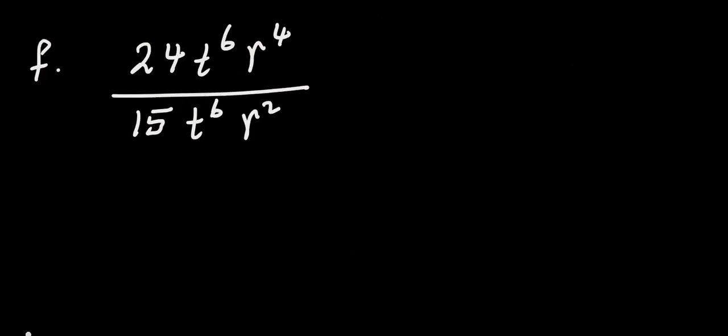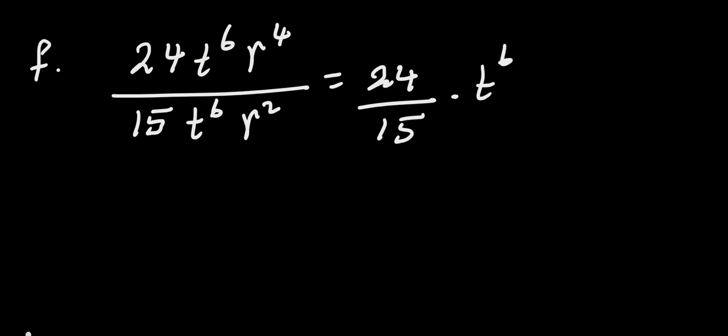Question F. 24t to the 6th power r to the 4th power over 15t exponent 6 r squared. So just separate them. This will become 24 over 15, times t exponent 6 over t exponent 6, times r exponent 4 over r squared.